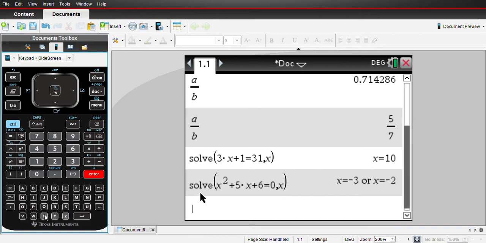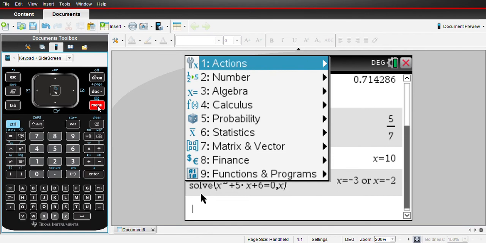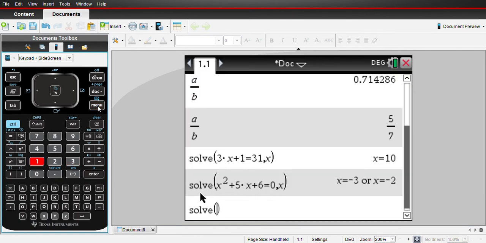One of the other things that we can do is rearrange, carry out transposition of formula. So if I go something like this, menu 3 1, if I write, say for example, force equals mass times acceleration, I'll use c instead, so F equals m times c, and I want to rearrange the equation.